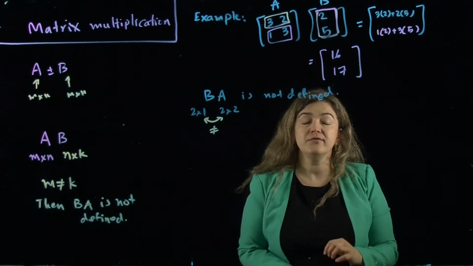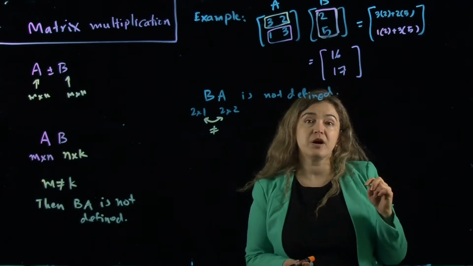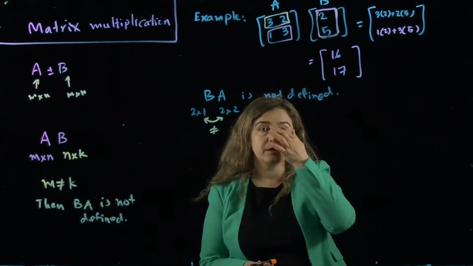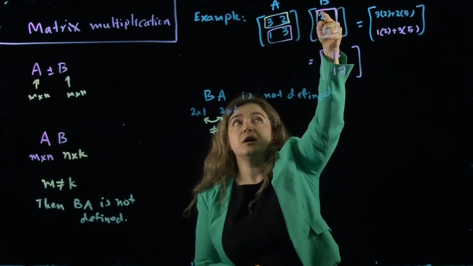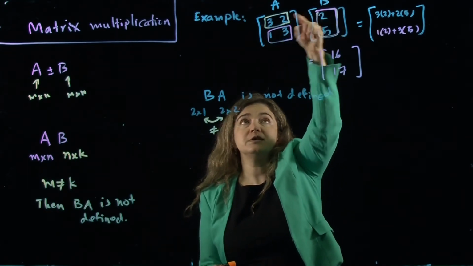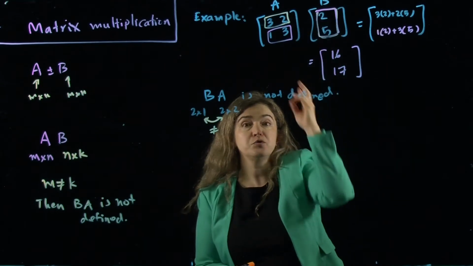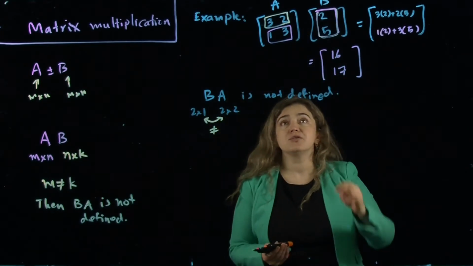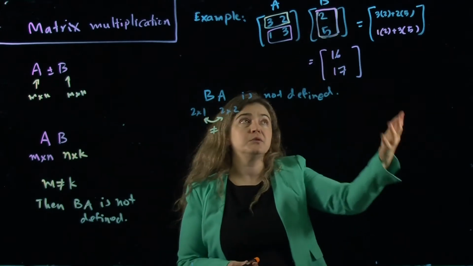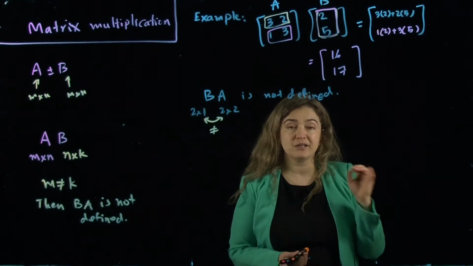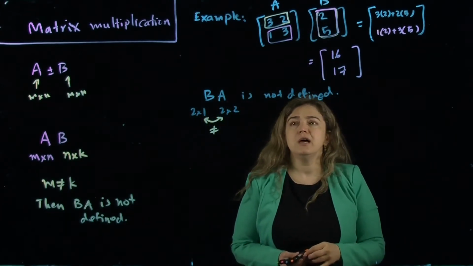If you're familiar with the dot product, this resembles it. This is a vector of a row and this is a vector of a column, and you're really taking the dot product of the two vectors.